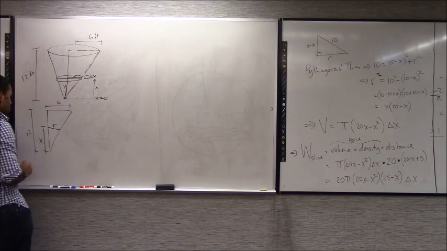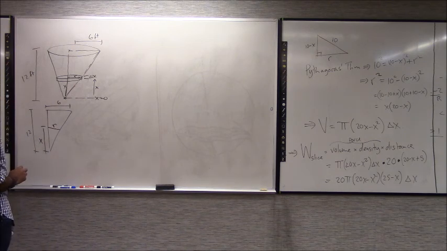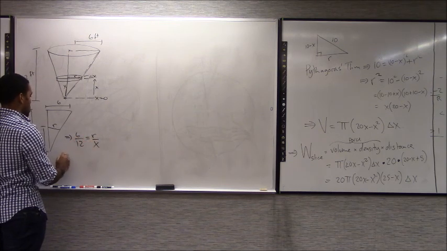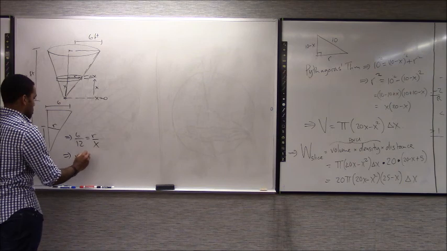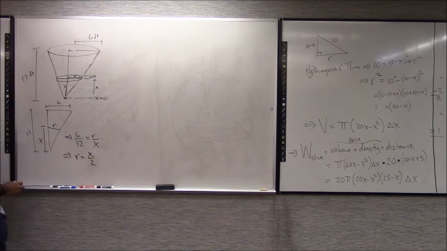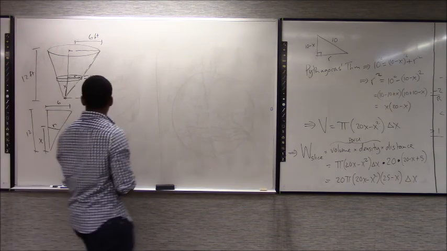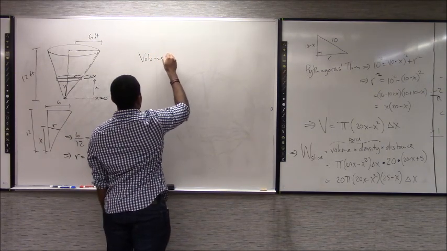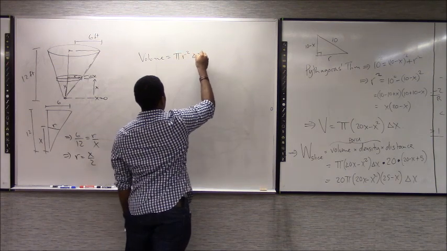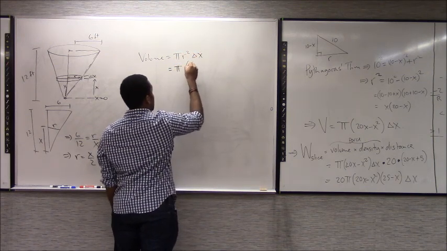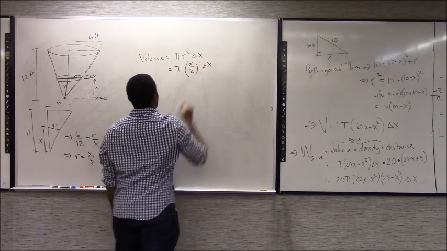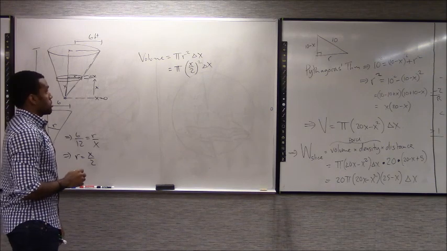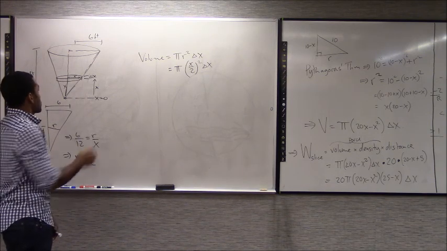So we set up a ratio, 6 over 12, or 1/2, is equal to r over x, and then solved r to be 1/2 x. Then we plugged in to find the volume, which is pi r squared delta x, and for r plugged in x over 2. And then the distance that it needs to travel is 12 minus x.